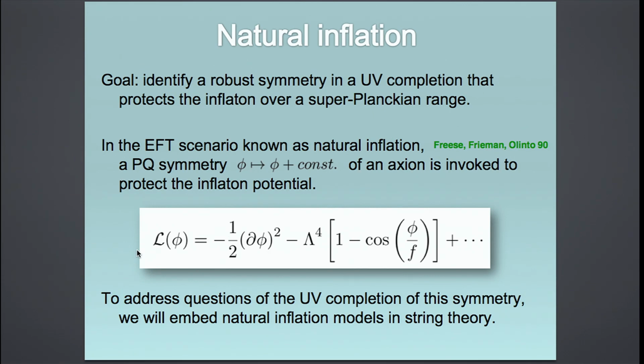The canonical Lagrangian that arises in that case, and we'll have a lot more to say about this shortly, has a kinetic term for an axion phi, and then a cosine potential for phi over f, where f is a quantity with dimensions of mass, and lambda is a dynamically generated mass scale. So this is a great EFT. It has very nice symmetry structure for giving rise to inflation, and we'll just ask about embedding this in string theory and seeing what we can learn.